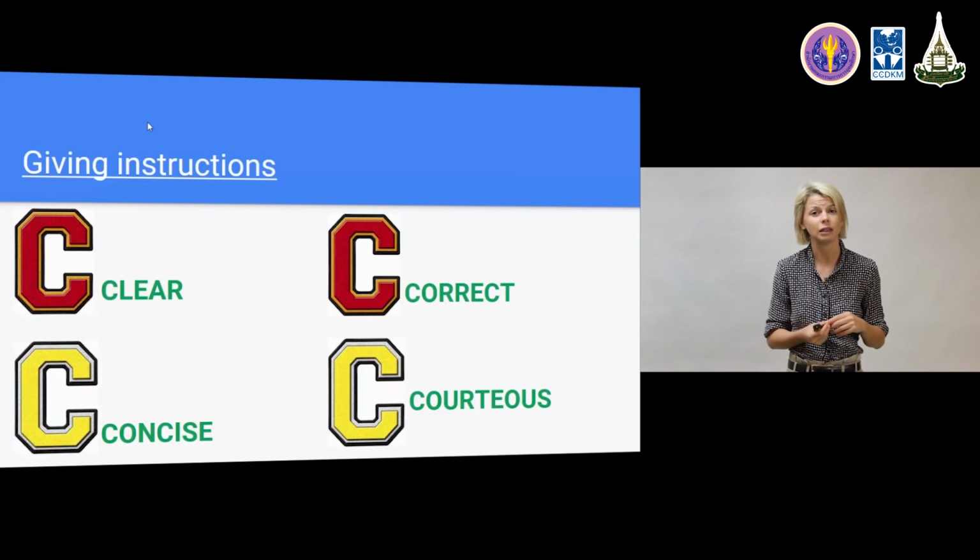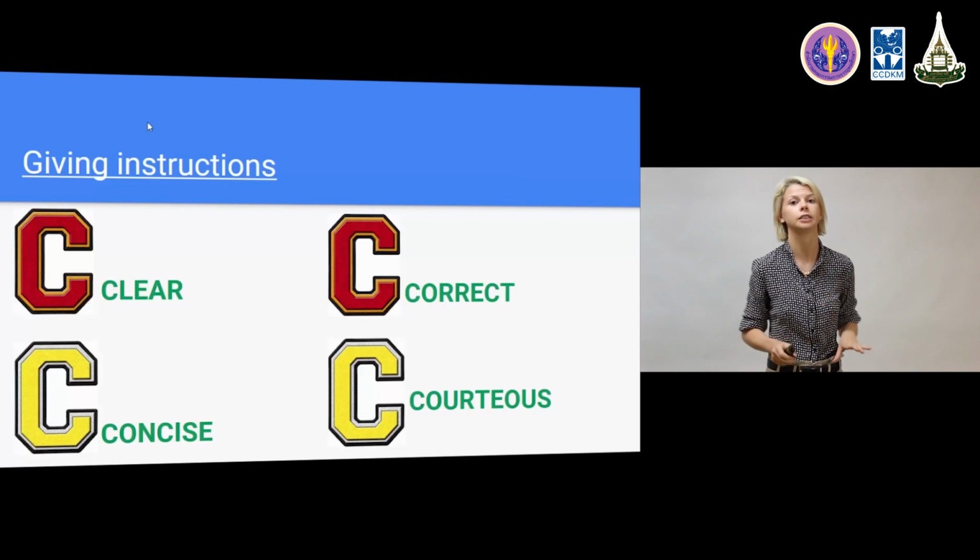If the bus leaves at 5 p.m., that's all you need. You do not need it is a white van, it's a Mitsubishi van. The driver's name is Jack. He really likes seafood. There are 8 seats in the van. It's too much. Just give the important information.